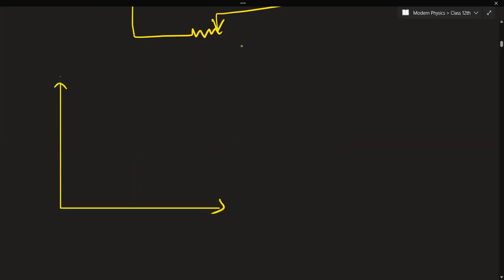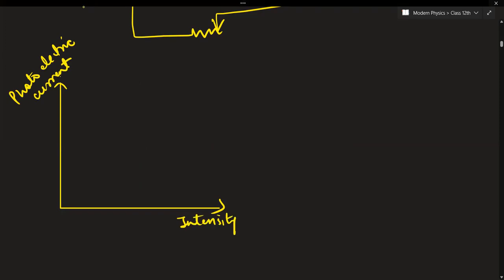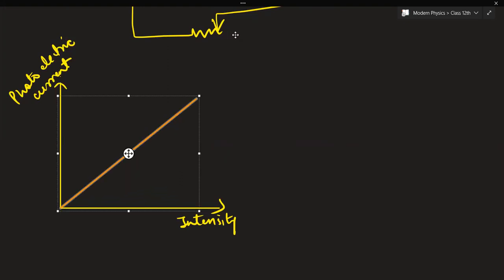So this is photoelectric current, and this is intensity. This is the graph that was observed: photoelectric current is directly proportional to the intensity.